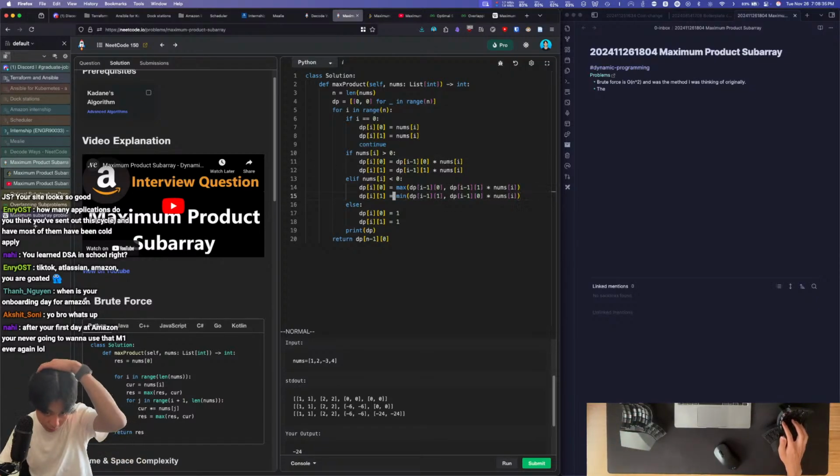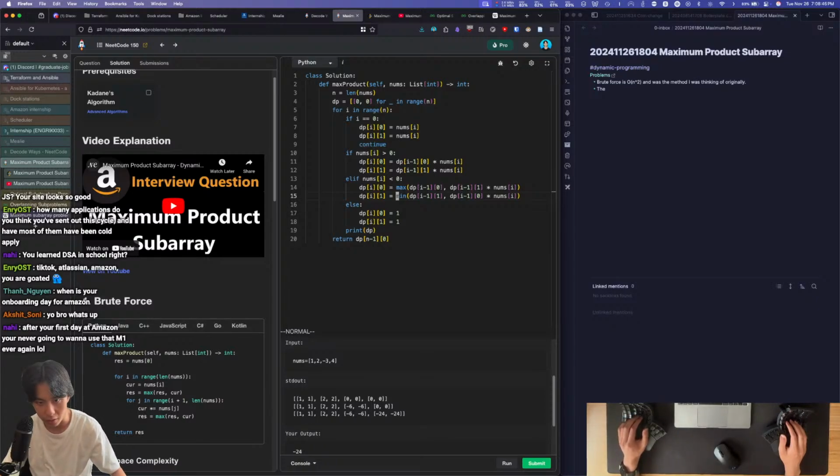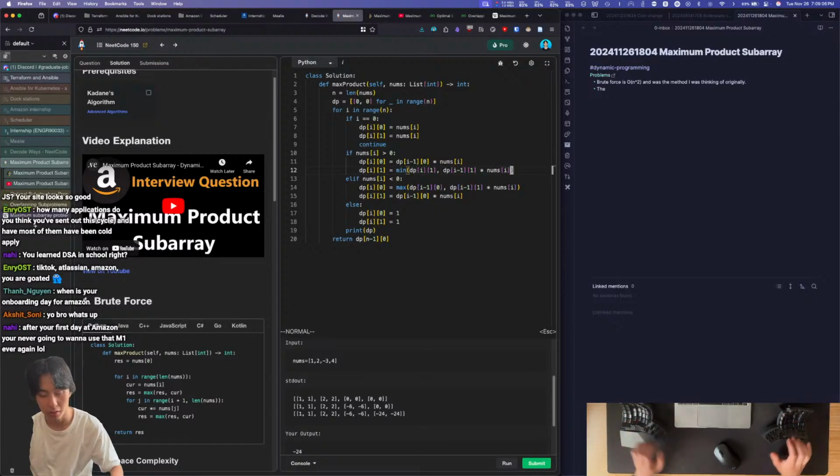So look, if it's negative, it's a number times a negative number, which will be a... this is always going to be the case. Just by knowing. The problem is this, I think. So you're saying min dp[i][1], I think. Sorry, dp[i-1].